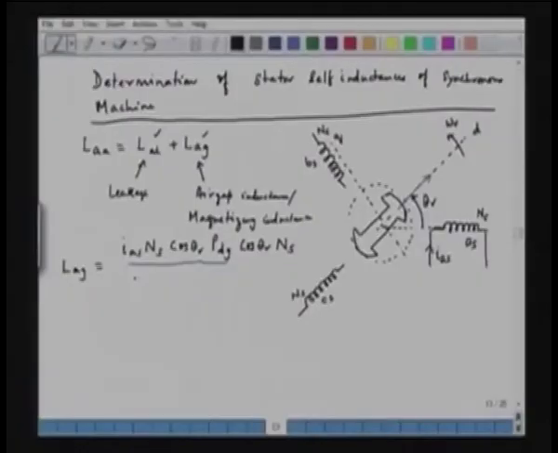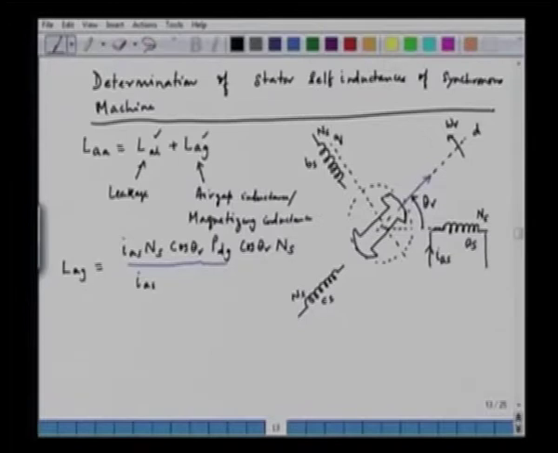So, this is the D axis component, and we can again say that that is multiplied by IAS NS into sin theta r into P qg. We are talking about the Q axis component. This is along this axis.